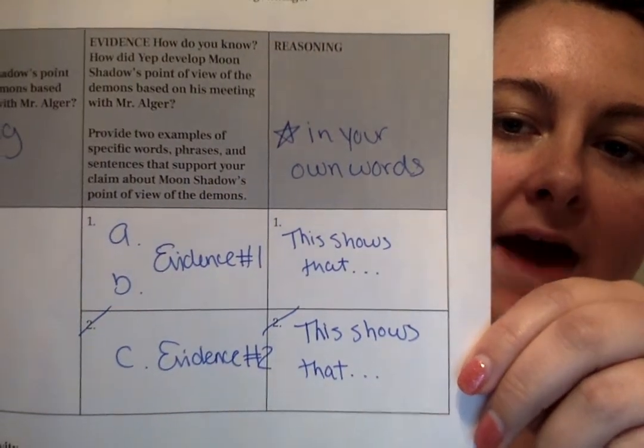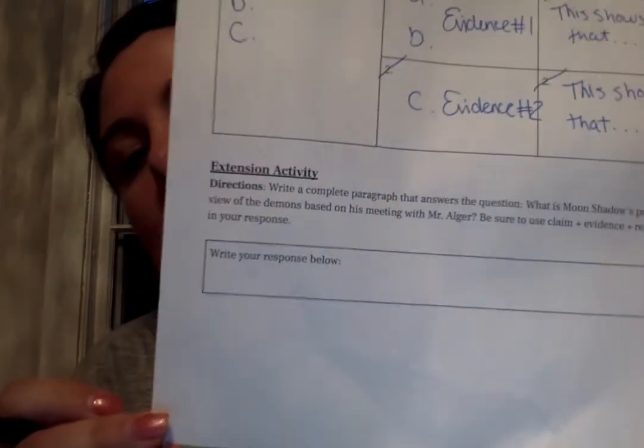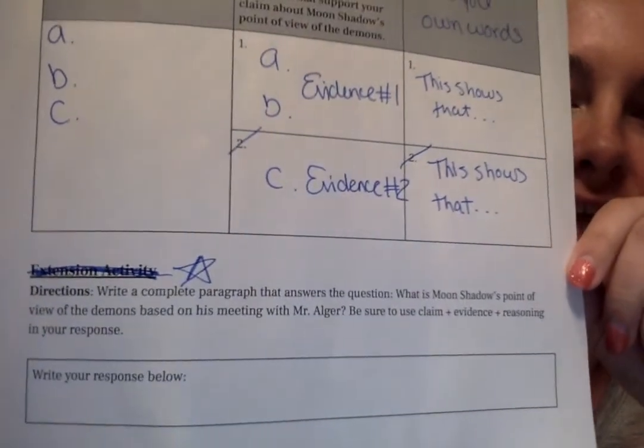Now, if you have this version of the worksheet, it might say extension activity at the bottom. That's because this was originally meant for in class, but because you are home, that is not an extension activity. You must do that bottom activity. So I just crossed out where it says extension activity.